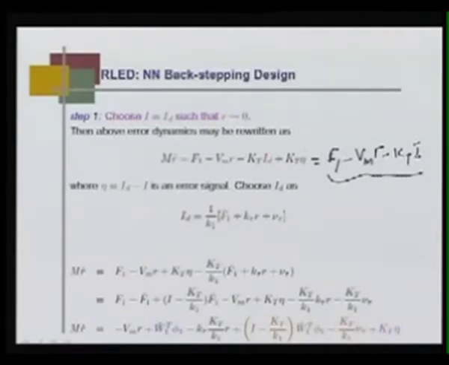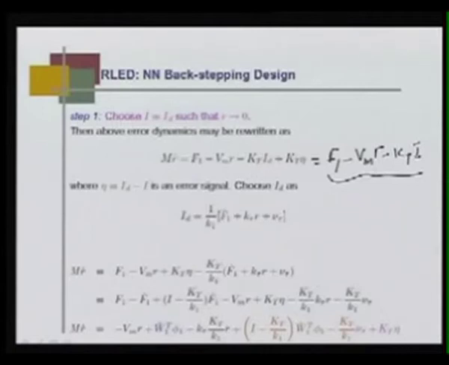So, I select I d to be of this particular form, and since I do not know what k T is, I do not write 1 upon k T, I write 1 upon k 1, where k 1 is a positive constant. Then m r dot can be represented in this particular form.